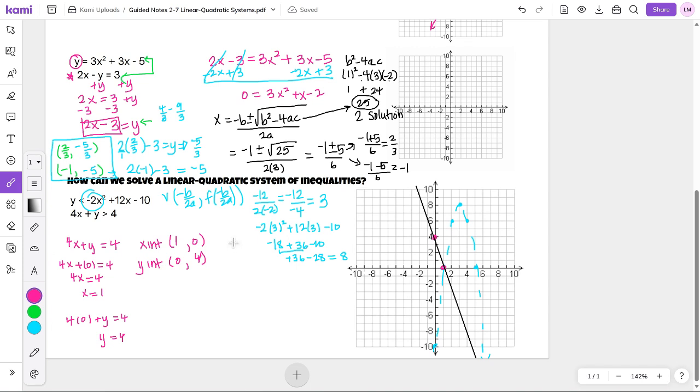So I know how to solve these though, right? I can change these to equations. And I can solve just like we did above. I'm going to solve this one for y. So I'm going to subtract 4x from both sides.